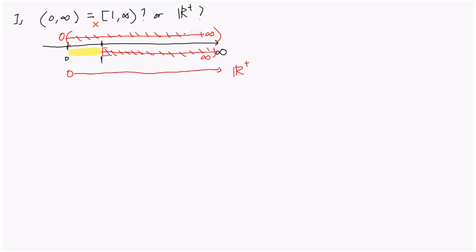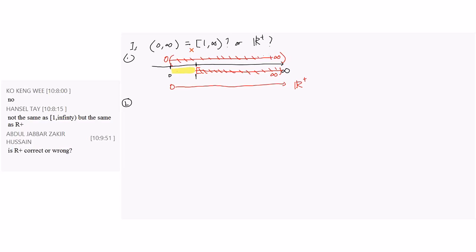The second question is concerning absolute value. So the R plus 1 is correct.